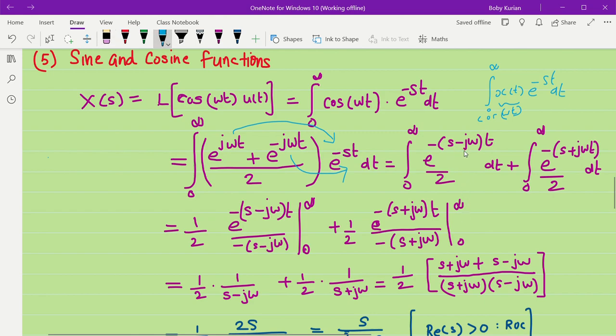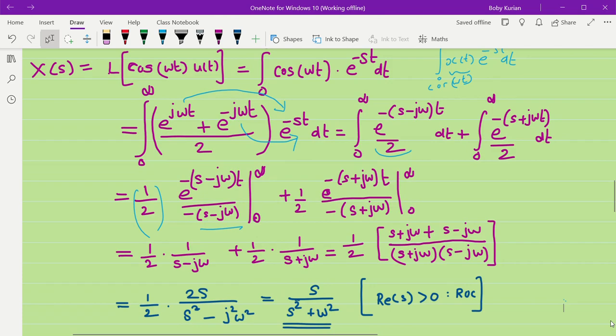So we can split this into two. The first term is e power minus (s minus j omega) t divided by 2, dt. When we integrate, we already know it. So the 2 in the denominator comes as 1 by 2, and the integral of e power this term is nothing but divided by (s minus j omega), with the upper limit applied and the lower limit applied.